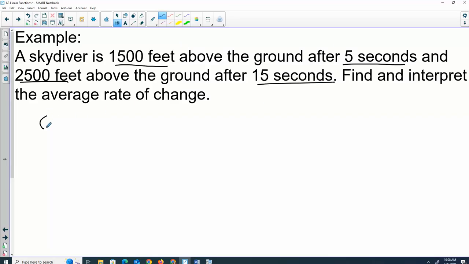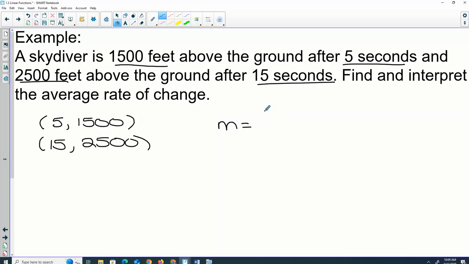All right. Your x value should be your time. So after 5 seconds, what was my height? And after 15 seconds, what was my height? How do we find slope? Rise over run.